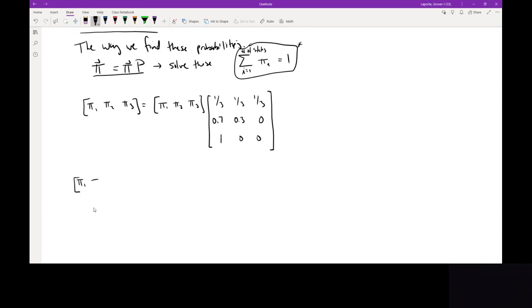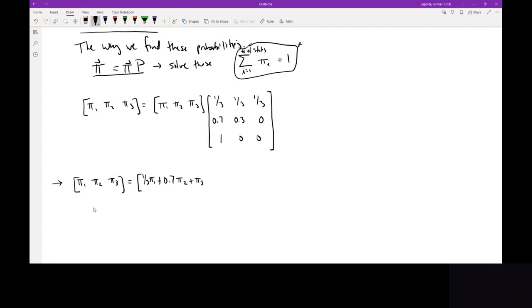So this multiplication gives me pi 1, pi 2, pi 3 is equal to a row of 1/3 pi 1 plus 0.7 pi 2, and then plus pi 3. That's the first component, and you're going to see why we usually do column operations, because this row is going to get unwieldy, and we'll turn it into a column multiplication just by moving some things around.